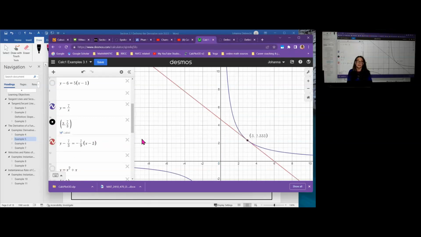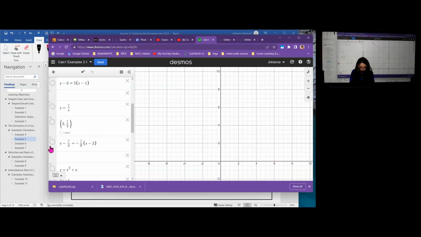And you can see that indeed we do have a rational function, 7 divided by x. We have our point, 3, 7/3, and we found the tangent line at that point. We're now going to turn our attention to the next example in the notes.